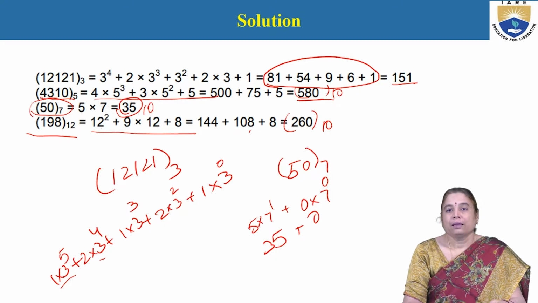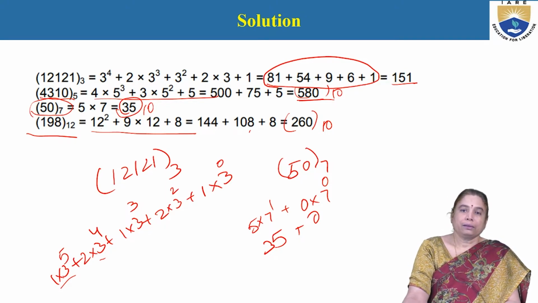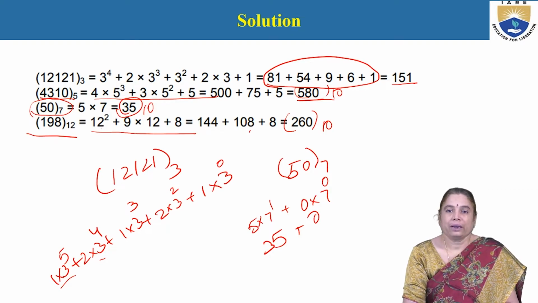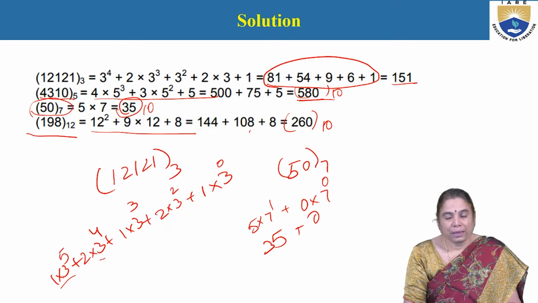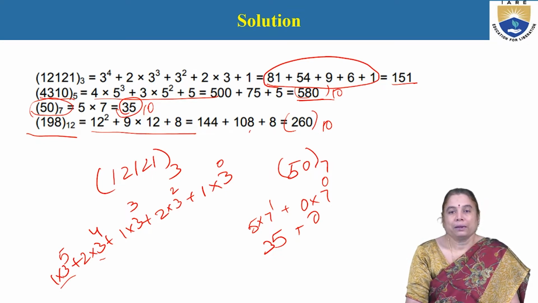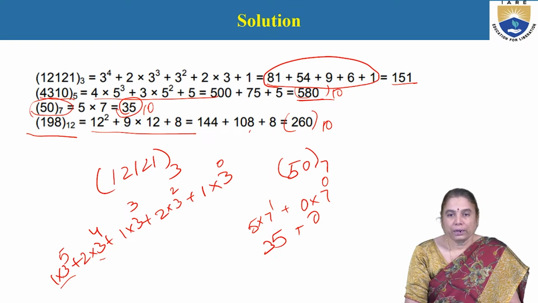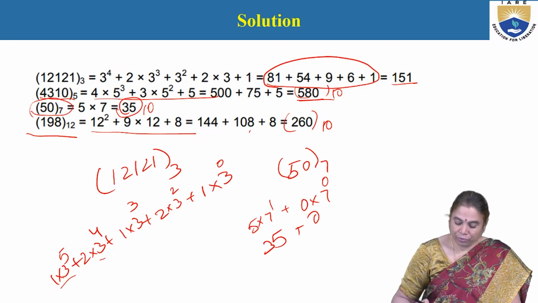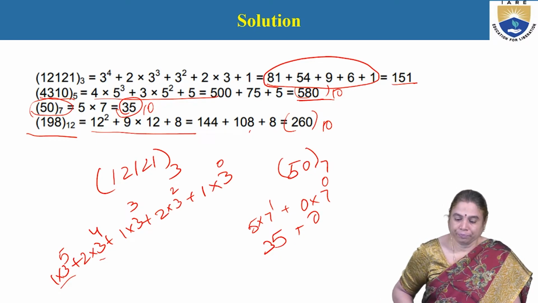So if any number system number is to be converted into decimal, each digit must be considered, multiplied with the place value of the digit, and the product terms summed to get the decimal equivalent of the corresponding number.